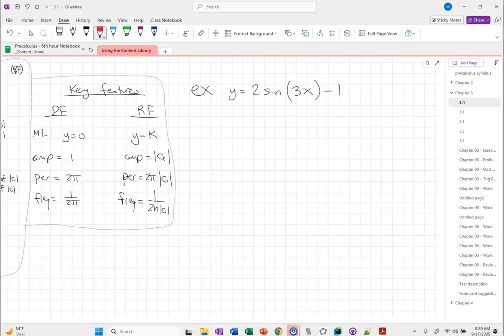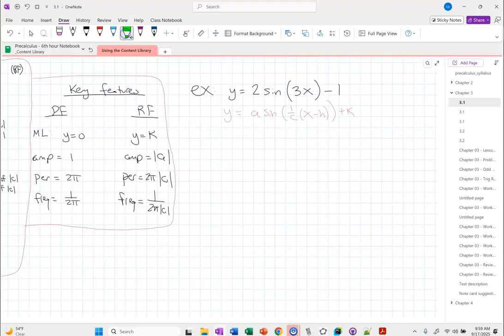So what I like to do is just, below where I'm working, remind myself what that general form looks like. So that's just the general form, the resultant function.